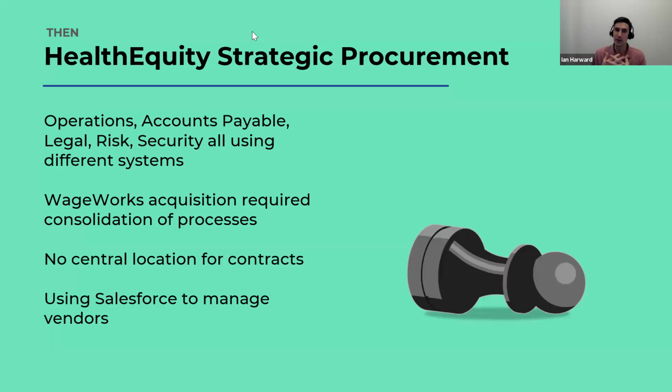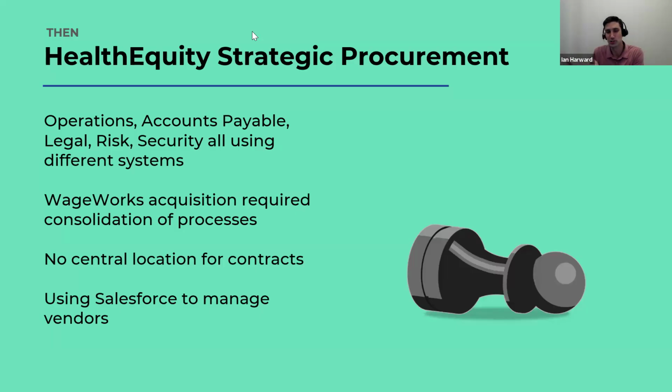We acquired a company that doubled our size, doubled our operations partner population. That's what we call our vendors, our operations partners. And we were using 2 separate systems. HealthEquity had created a homegrown SharePoint application that helped us with general requisition to the P2P process, more or less.